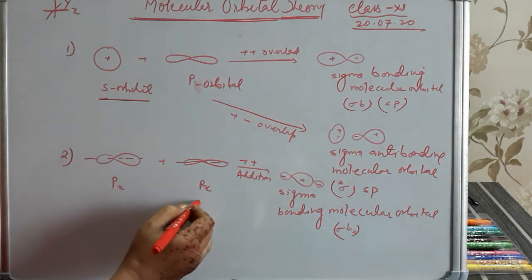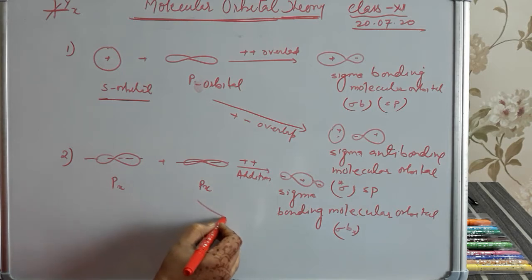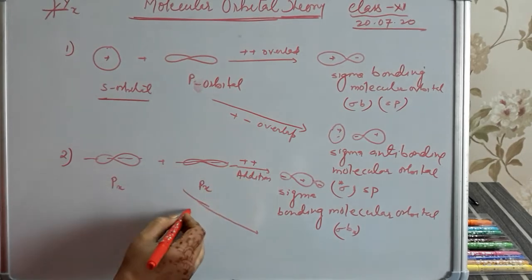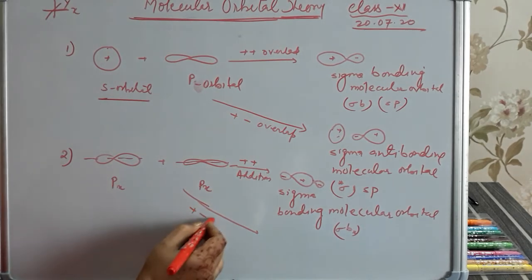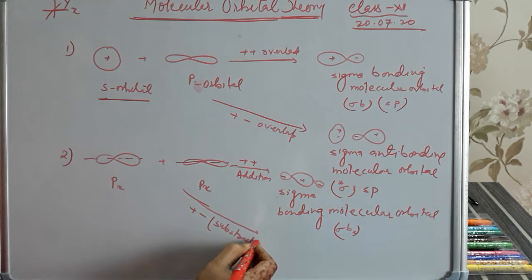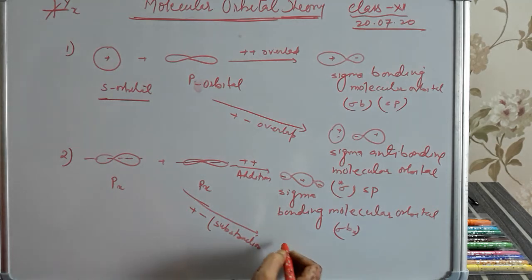And if subtraction overlap takes place, one addition and one subtraction overlap, plus minus, meaning destructive interference, this type of molecular orbital is formed.